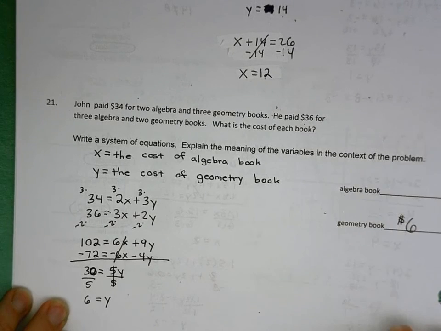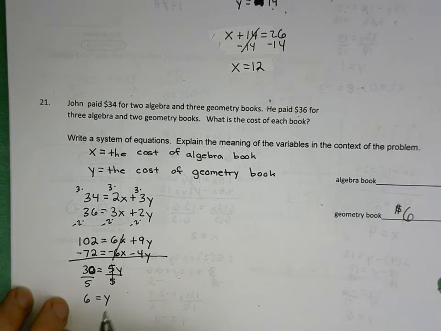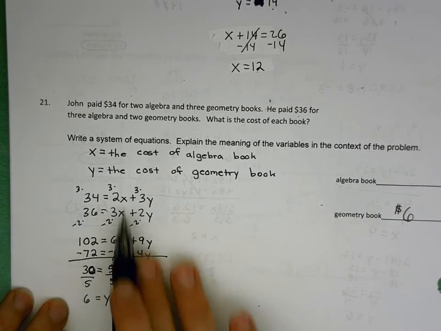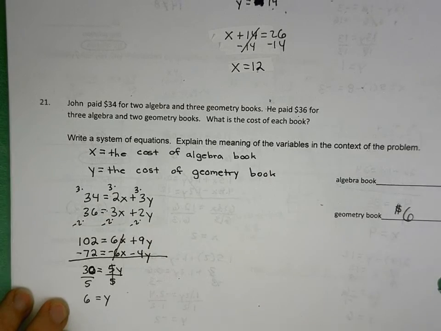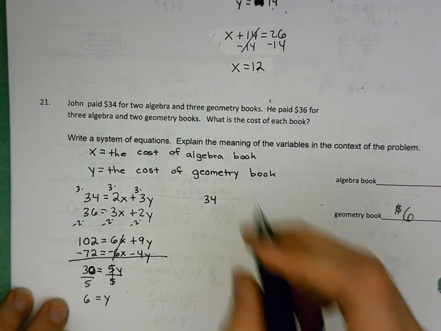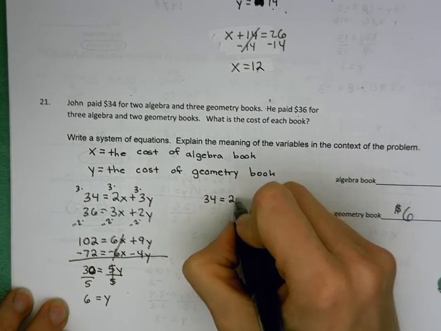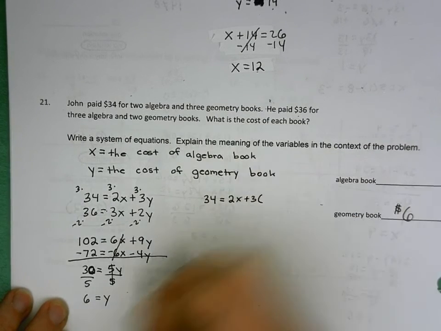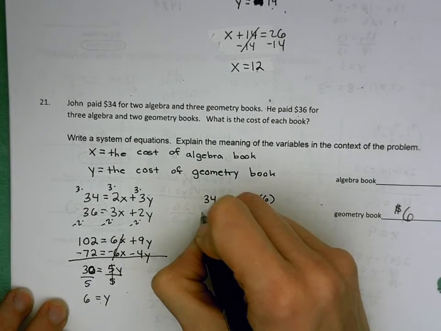Algebra book then. It doesn't matter which one you plug it into, so pick one. I'm going to pick the top one because it has a slightly smaller number. And if you have the time, plug it into both to double check. So we have 2 times x plus 3 times my y, which is 6. So we get 34 equals 2x plus 3 times 6 is 18.